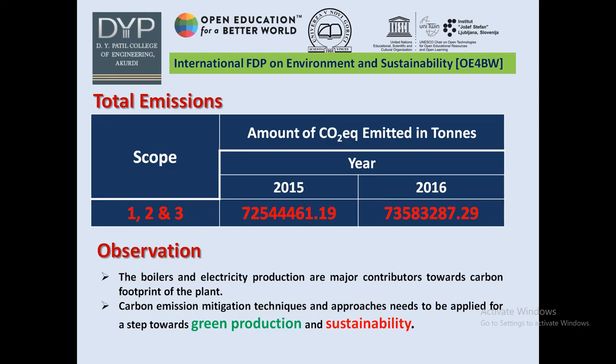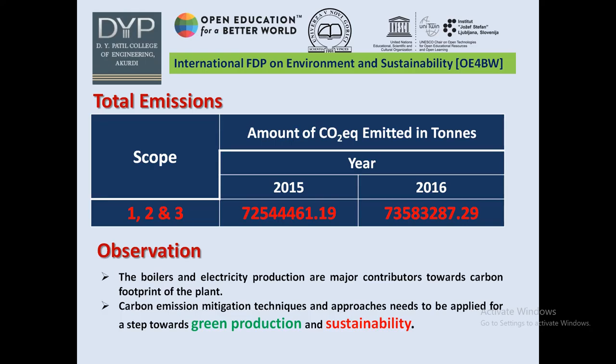Now we have added all these numbers and what we have got is alarming. That is around 7.25 crores in year 2015. This is amount of CO2 equivalent emitted in tons.